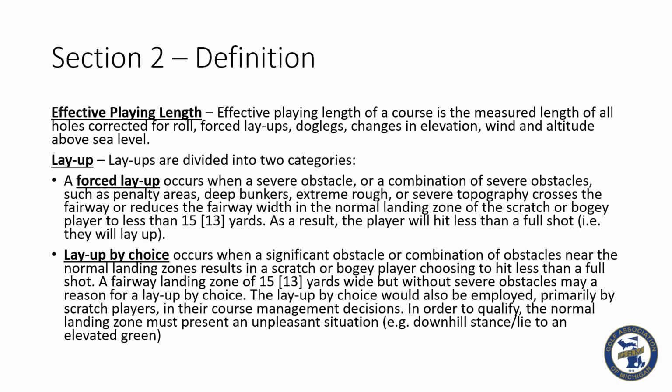But for a layup by choice, we would not put a yardage adjustment there. We would adjust our approach shots appropriately in both cases, but we wouldn't put a number in the layup column if it was a layup by choice.